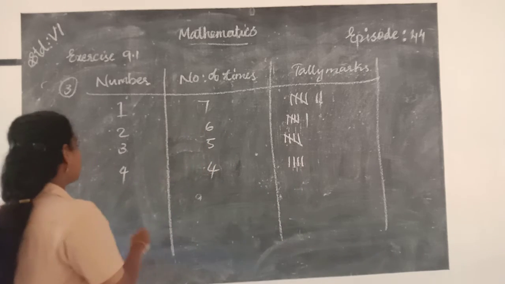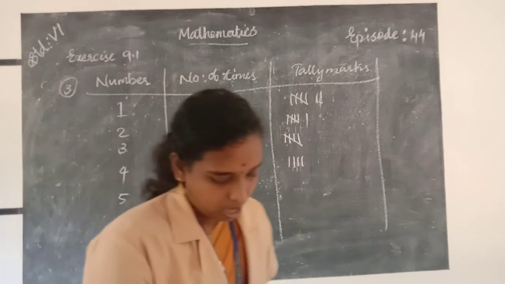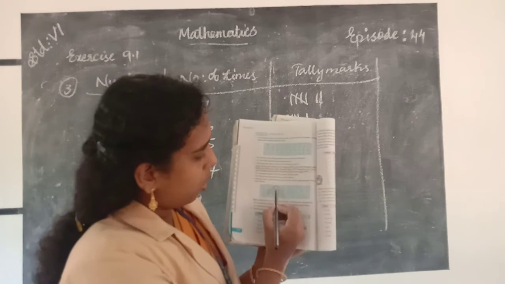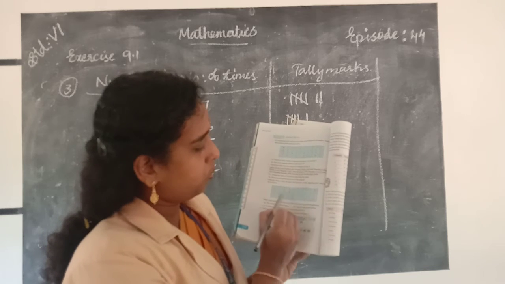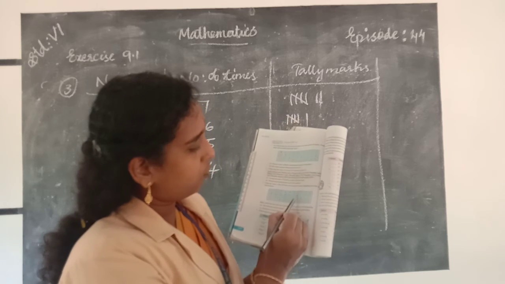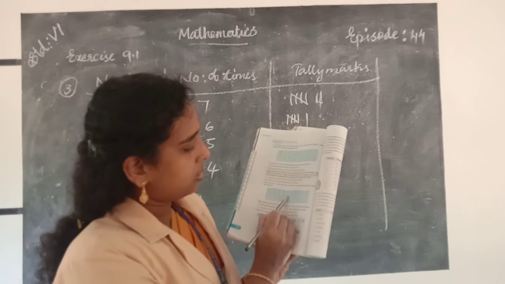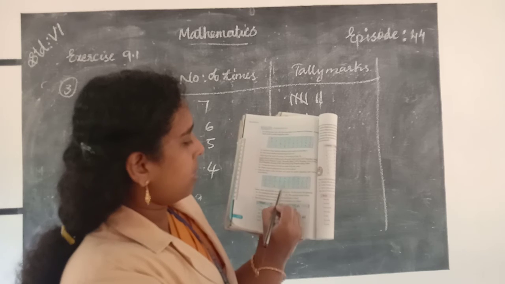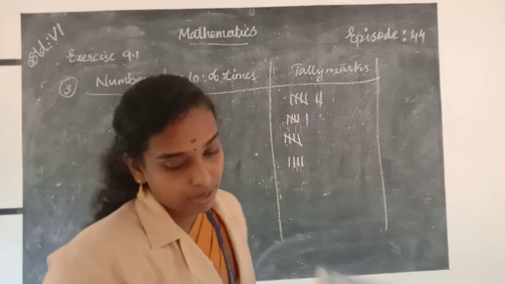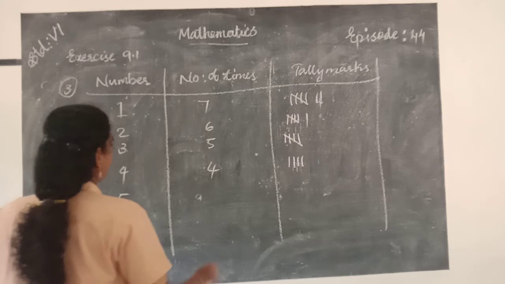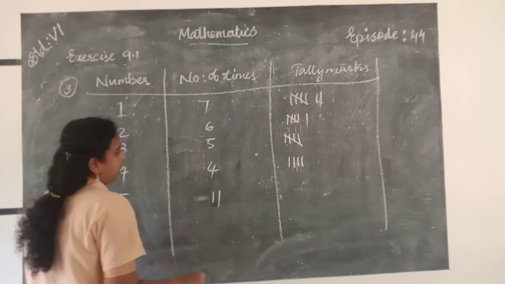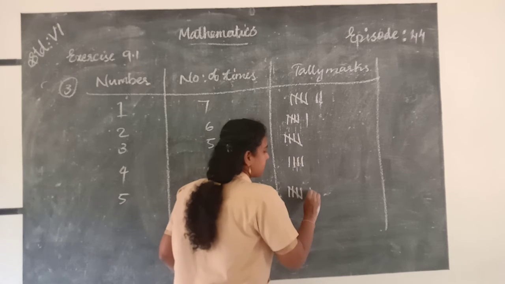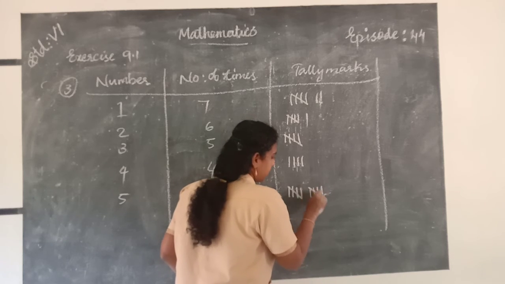Then the next number is 5. The number of times is 1, 2, 3, 4, 5, 6, 7, 8, 9, 10, 11 times. So, the number of times is 11, and the tally marks are 1, 2, 3, 4, 5, 6, 7, 8, 9, 10, 11.